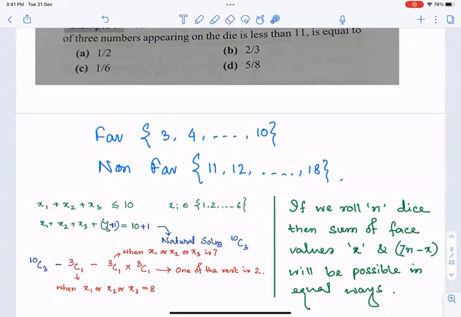So that means whenever the sum of the face values will be n plus 6n, that is 7n, this sum is supposed to be true in equal ways, because from the beginning, what you can consider is addition of 0 or 1 or 2 or 3 or 4 or 5 to the combination of all 1s.